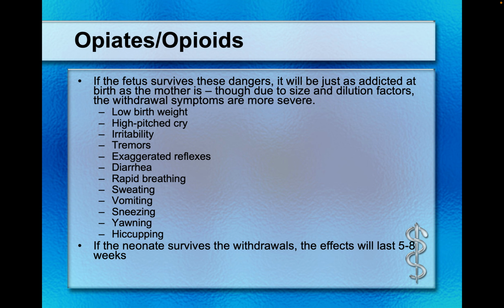If the fetus survives these dangers, it will be just as addicted at birth as the mother is, though due to size and dilution factors, the withdrawal symptoms are more severe. Low birth weight, high-pitched cry, irritability, tremors, exaggerated reflexes, diarrhea, rapid breathing, sweating, vomiting, sneezing, yawning, and hiccuping. If the neonate survives the withdrawals, the effects will last for 5 to 8 weeks.